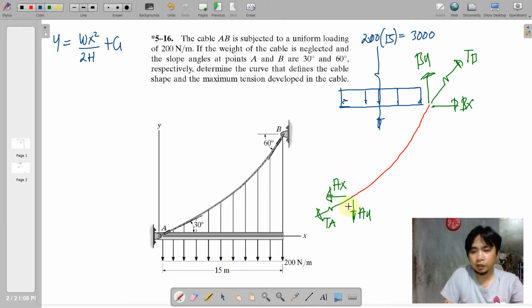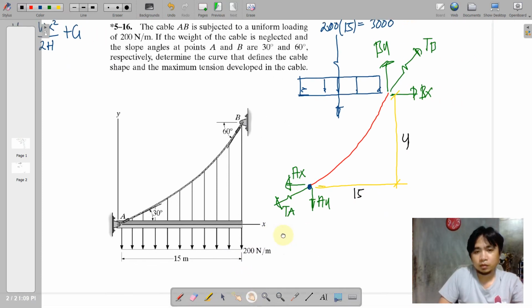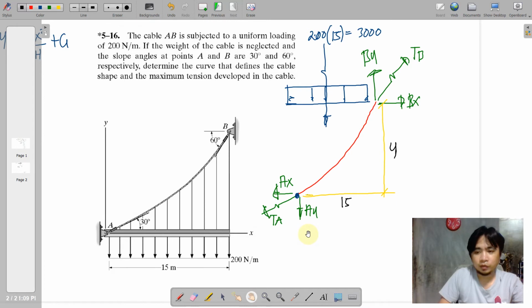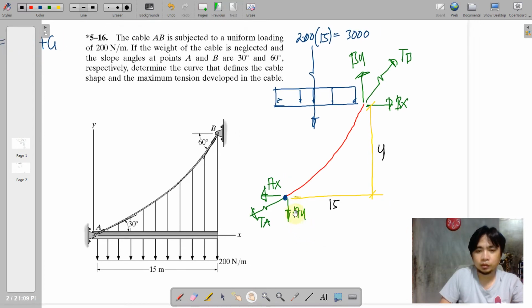Though we have this free body diagram, if we take moments at A, we do not know the y distance here. Although we know the horizontal 15 here, we cannot go away from deriving the equation of the curve here.